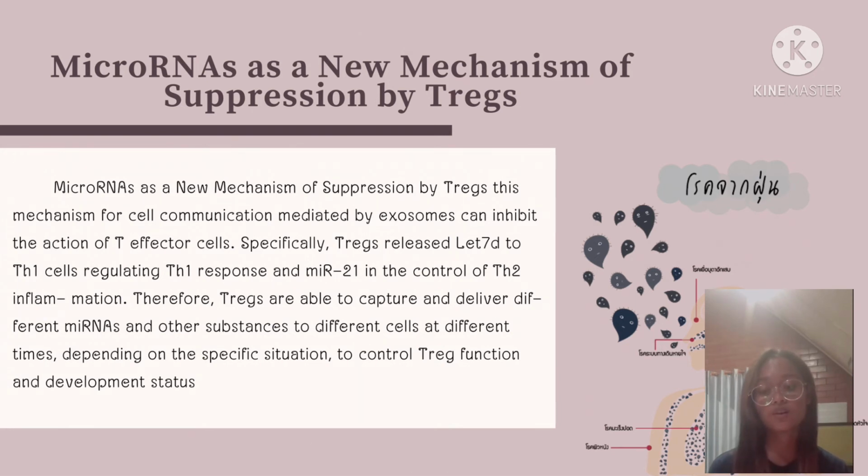This mechanism for cell communication mediated by exosomes can inhibit the action of T effector cells, specifically Tregs let-7d to Th1 cells, regulating Th1 response, and miR-21 in the control of Th2 inflammation.